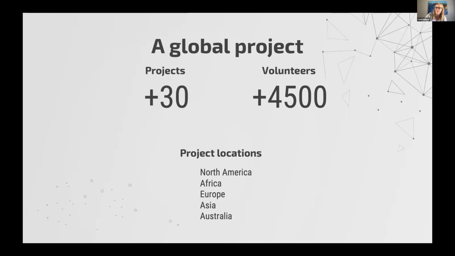It's a pretty global initiative. Not only are the nonprofits from all over, but also the people who participate are. And I'll go through how we keep everybody involved in different time zones and locations.